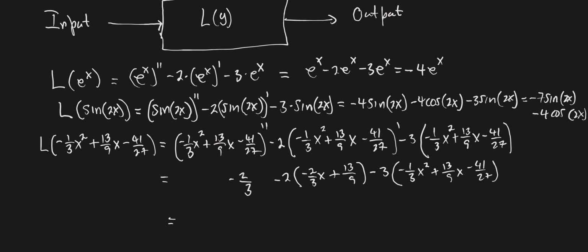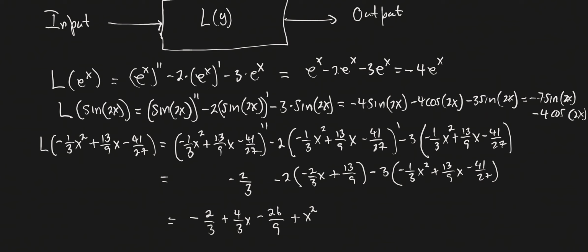So we have negative 2/3. If I distribute the negative 2, I'll have a plus 4/3 x, and then a minus 26 over 9. And then distribute the negative 3. What do we end up with? I have an x squared, so a plus x squared.